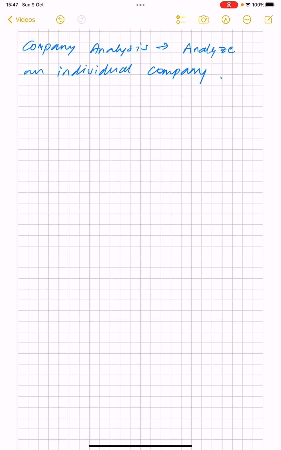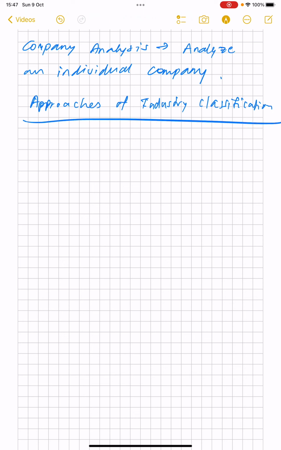When we are looking at the approaches of industry classification, first we're going to see the products or services supplied.